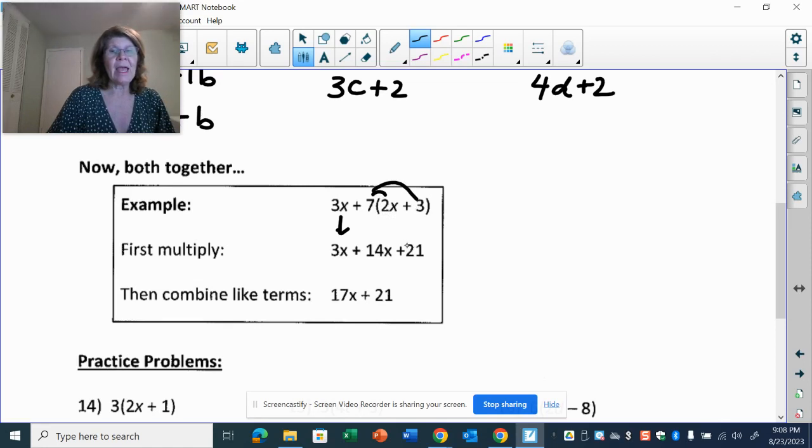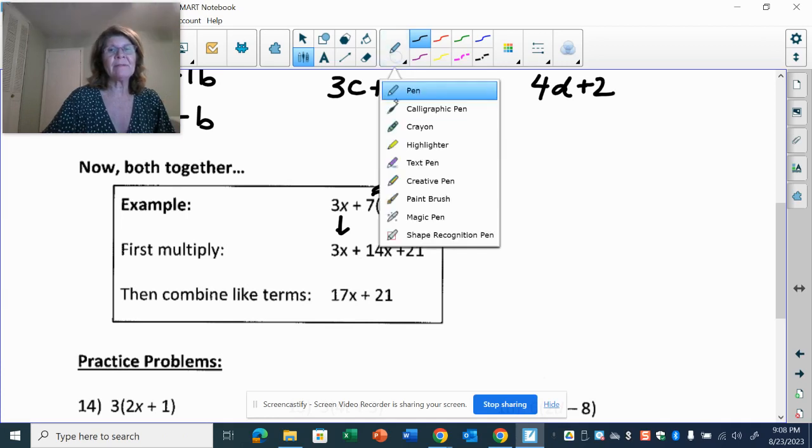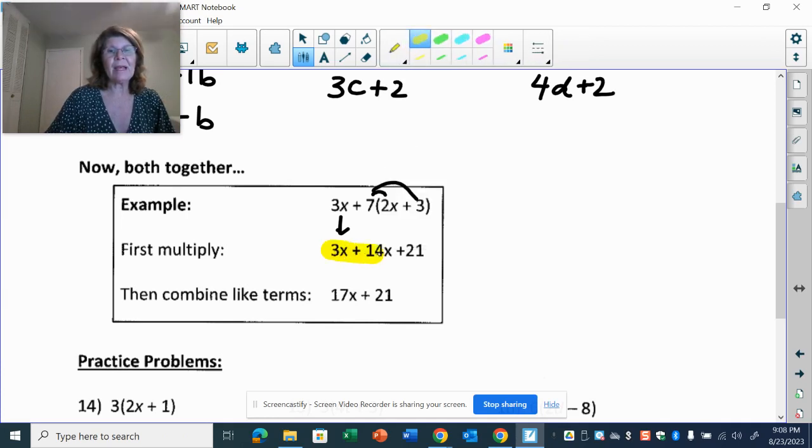And then now I can combine my like terms, right? I've got 3x and 14x, so that gives me 17x. And then I'm just going to bring down the 21. I can't combine those because this one doesn't have an x, so they're not like terms.